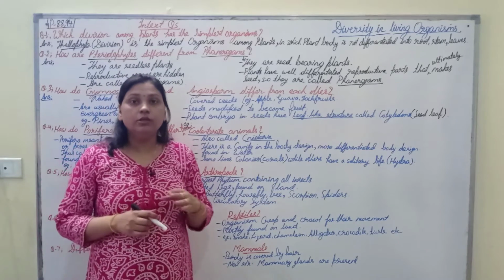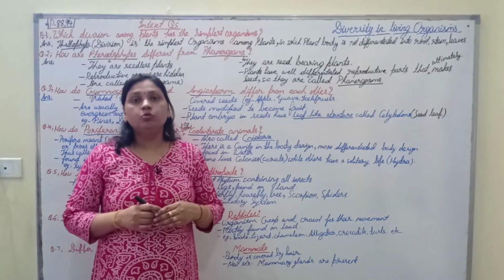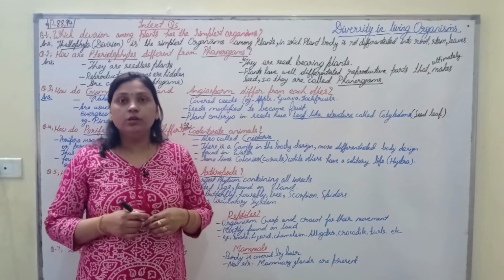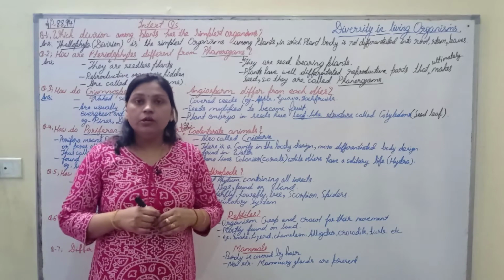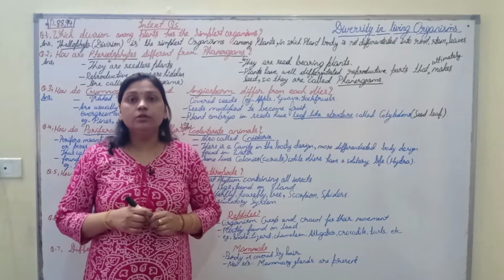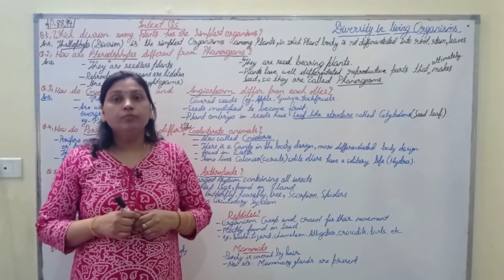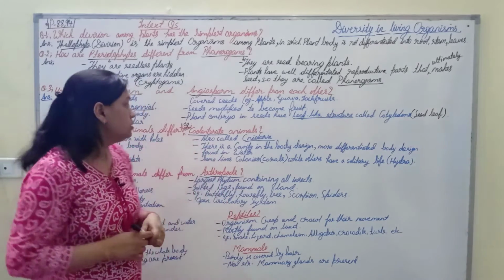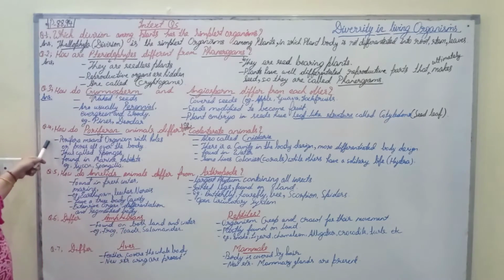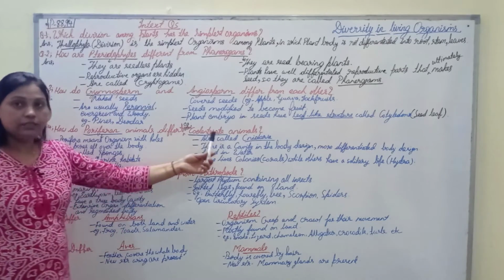On the basis of cotyledons, angiosperms are again divided into two, monocotyledons and dicotyledons. If a single cotyledon is present, it is known as monocotyledon, while if two cotyledons are present, it is known as dicotyledon.